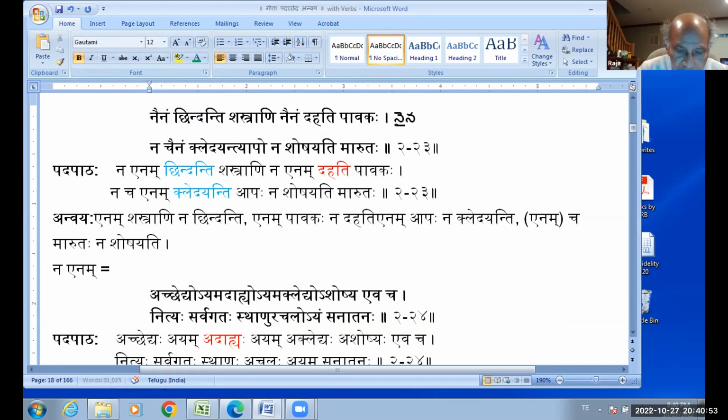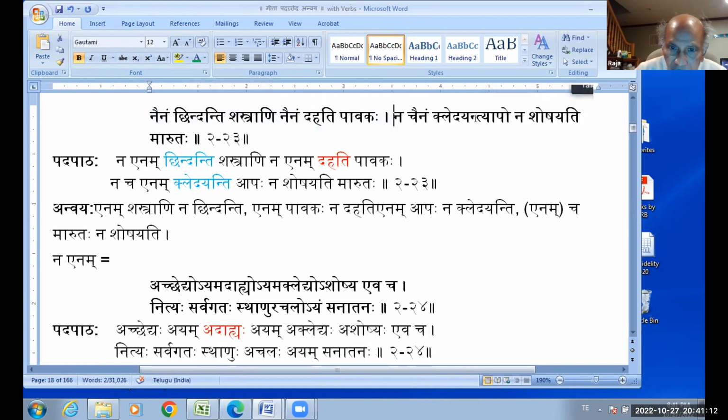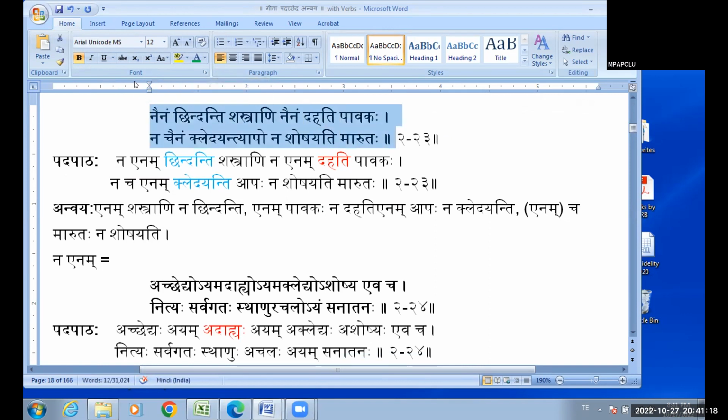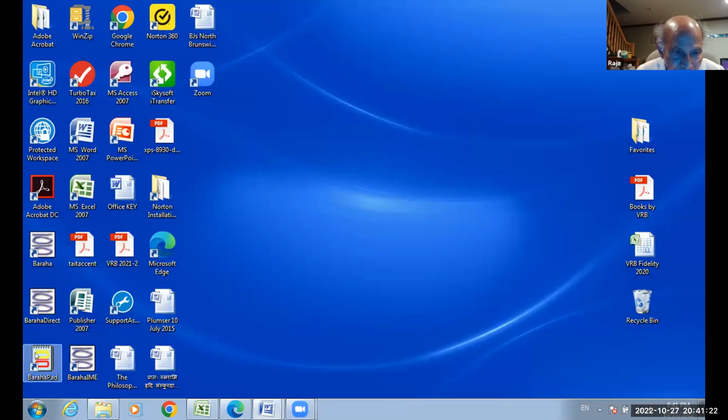Okay, Nainam. You can type it. You can see that. I'm just giving you an example. On the other hand, if I take this sloka, you can type in any language. If you take this sloka, you can go to another editor on your desktop, this Baraha Pad.